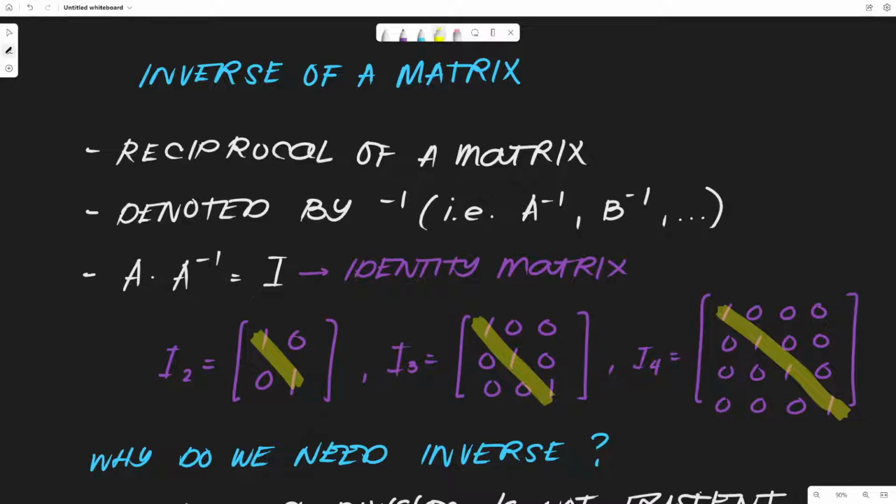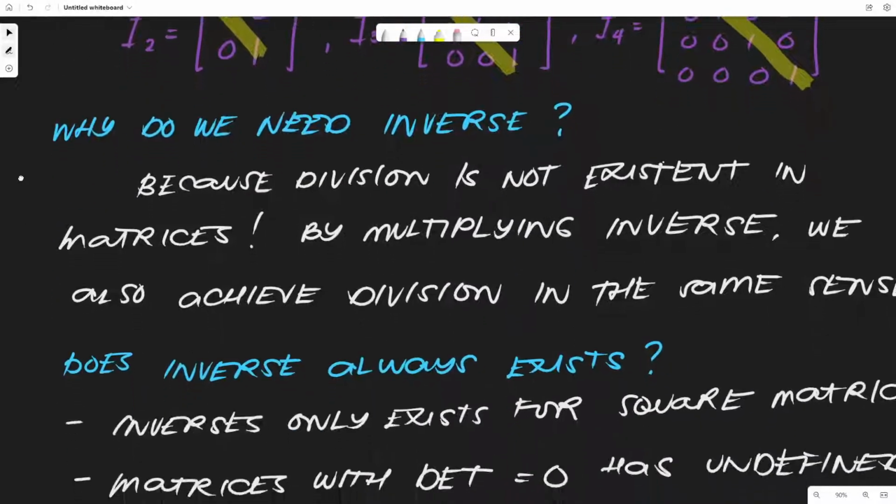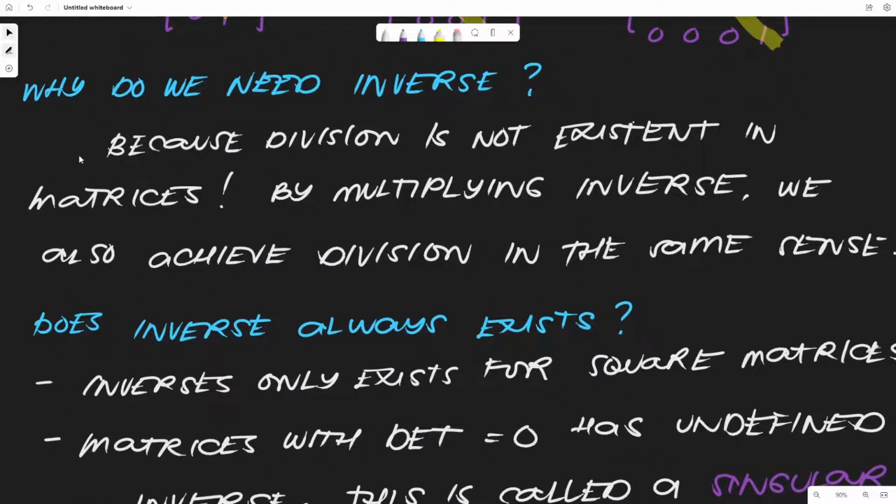So why do we need to solve for the inverse of a matrix? Because there is no such thing as division in matrices. We only stopped at matrix multiplication for the basic operations of matrices, and after that we proceeded to the applications of matrices.